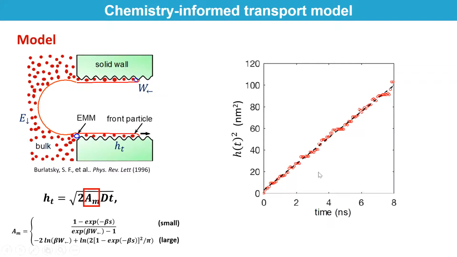More importantly, by fitting this curve to a line, we can extract the slope, and from that the effective diffusion coefficient. What we found is that the effective diffusion coefficient of the growth of this spreading water thin film is almost 12 times higher compared to the diffusion coefficient of the water molecule on the surface.